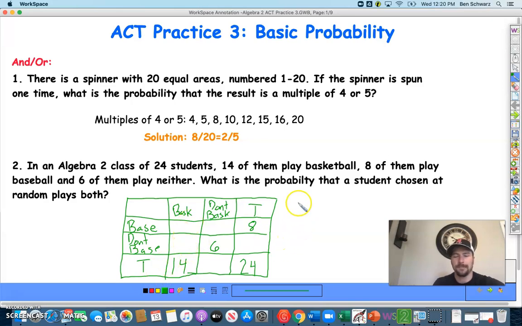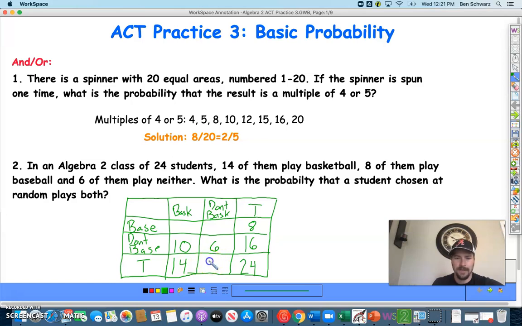Now, we have a total of 24 kids, so if you add up our two totals, we have to get 24. So there has to be a total of 16 that don't play baseball. If we look up here, our total for don't play baseball is 16. So we would need 10 there that don't play baseball, and we're looking for this both number here.